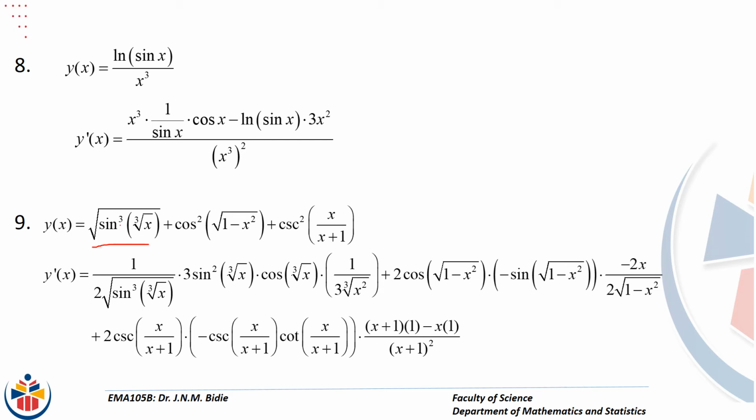The first thing we encounter is the power of sine, which is 3. So we have 3 sine squared of the cube root of x, multiplied by the derivative of sine, which is cos of the cube root of x, multiplied by the derivative of the cube root of x. You need now to confirm that the derivative of the cube root of x is 1 over 3 cube root of x squared.